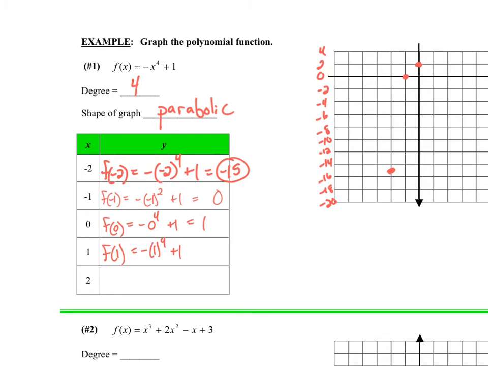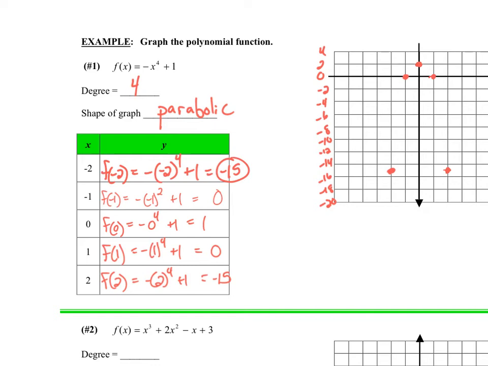Negative 1 to the fourth plus 1 is equal to 0. So 1, 0. And then if x is 2, we get negative 2 to the fourth plus 1, and that will give us negative 15. So positive 2, negative 15 is way down here.